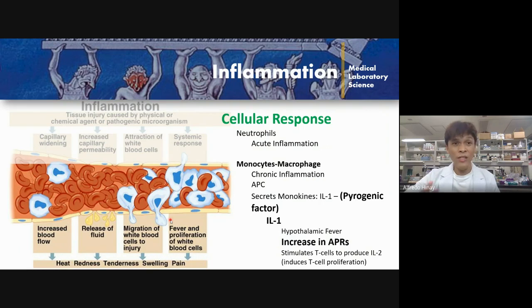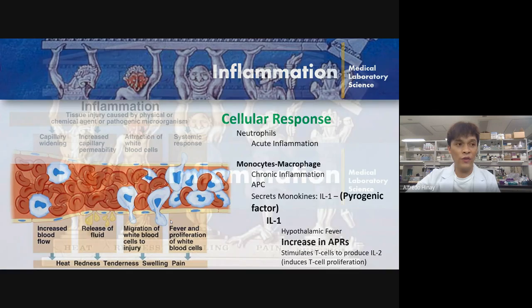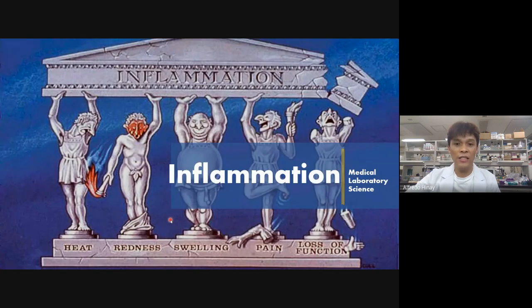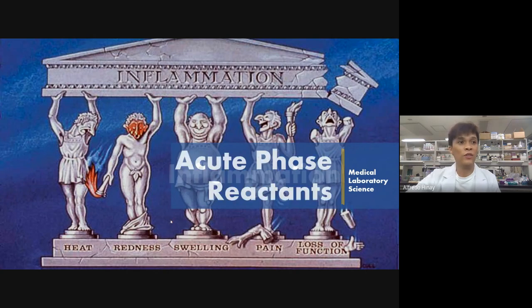But on this slide, I wanted to emphasize the function of interleukin 1, because it is very crucial in the production of your APRs. So this is the reason why in inflammation, the production of interleukin 1 or cytokines will lead to the production of your acute phase reactants.